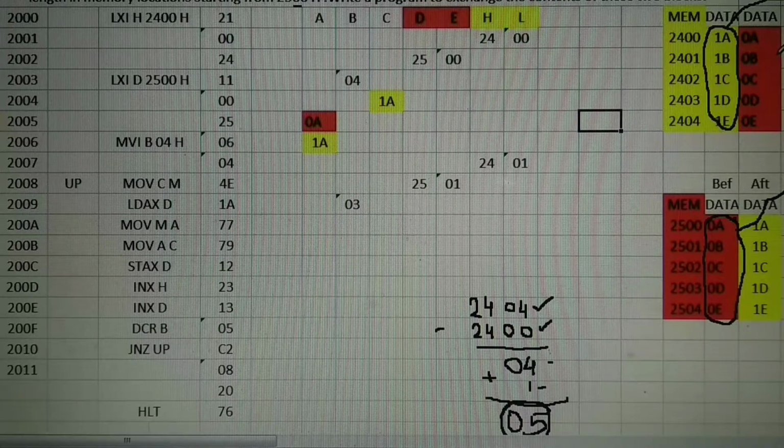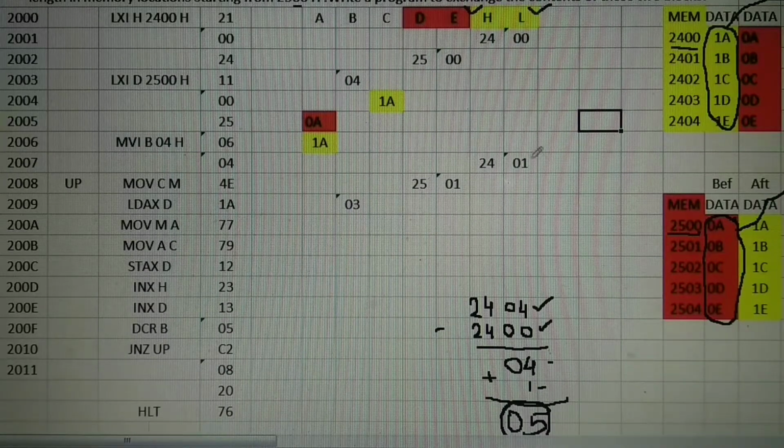Here two different blocks are there. To represent the address you require a register pair. Suppose the initial address 2400 of the first block is represented with HL, and the initial address of the second block is represented with DE.